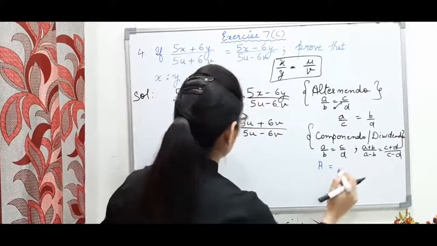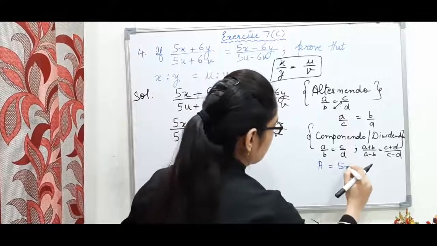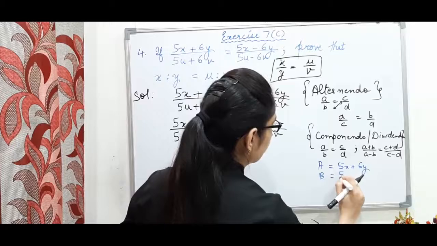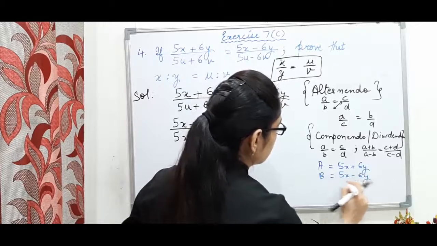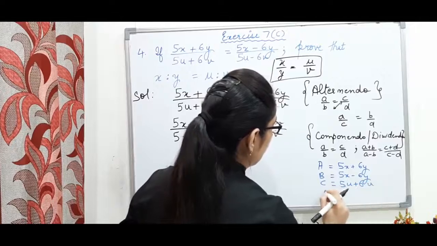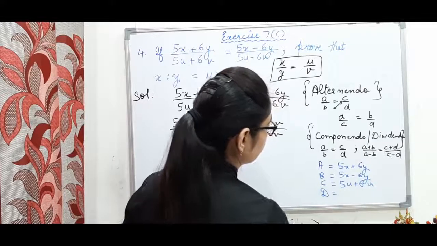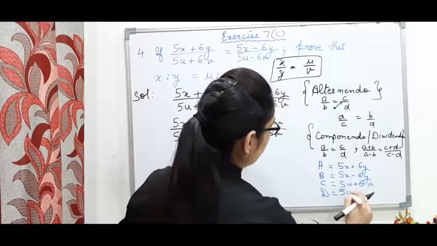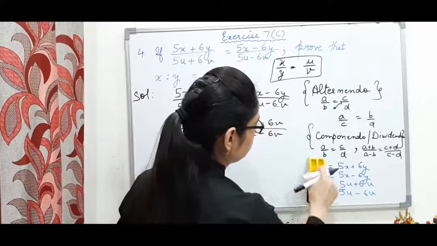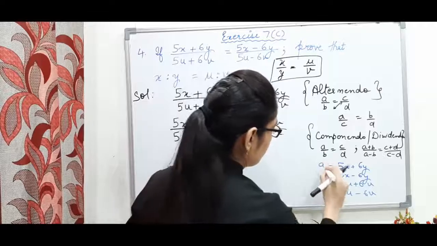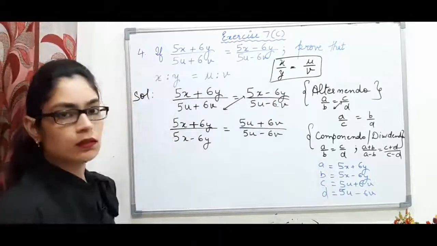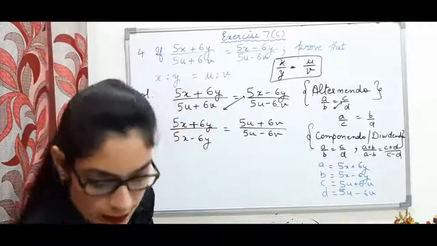A is equal to 5x + 6y, B is equal to 5x - 6y, C is equal to 5u + 6v, and D is equal to 5u - 6v. So in small letters I can write: this is a, b, c and d. These are the values of a, b, c, d.